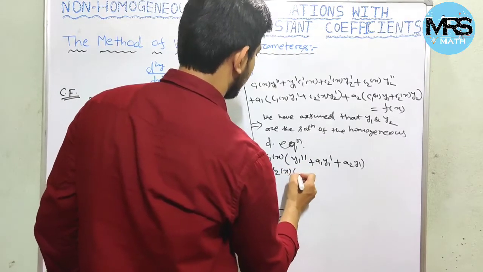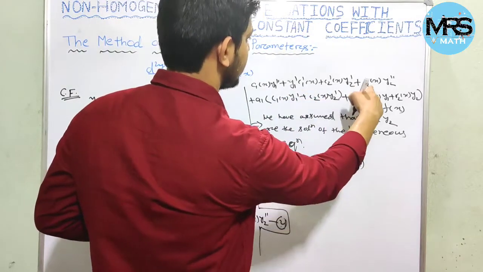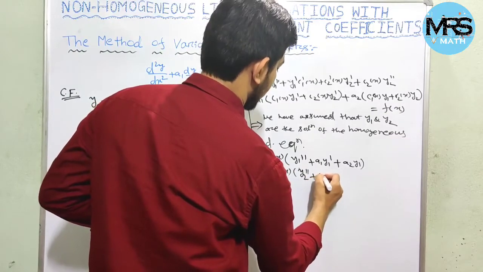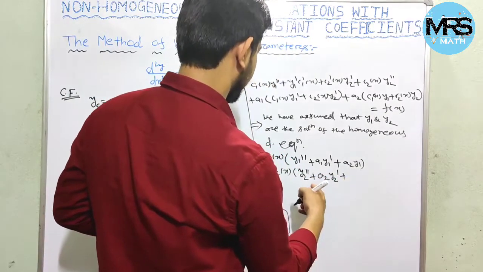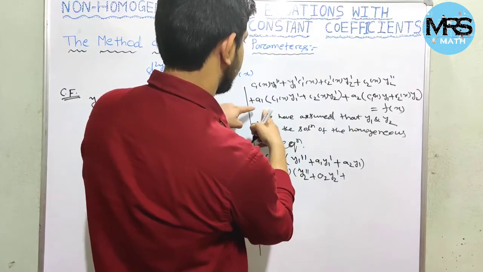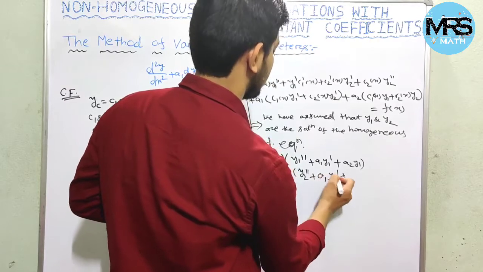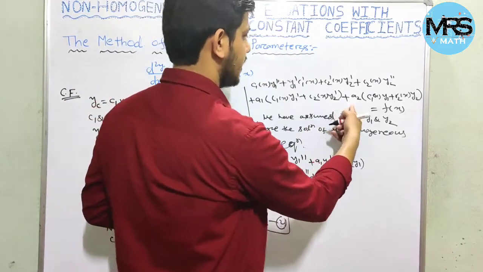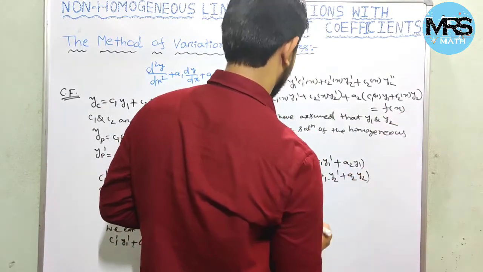If you are taking common, then what we will get? That is y2 double dash plus a1 y2 dash plus a2 into y2, okay.